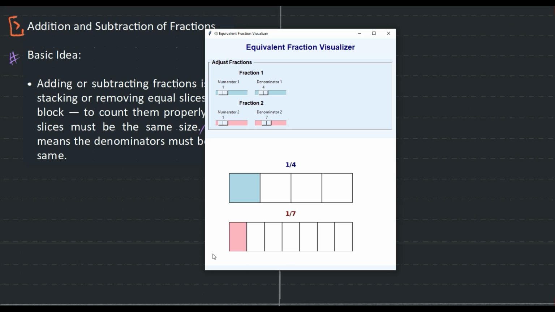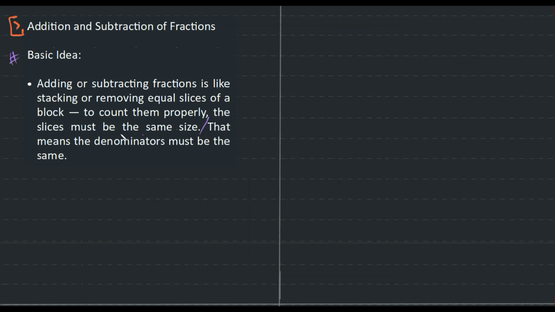But to do that, we need to have a common base. That is, we need to divide all of these parts so that the smallest section, that is the fractional unit of both, matches. Only then we can stack it up. The stacking can happen only when the sizes are the same, right? The sizes remain the same.